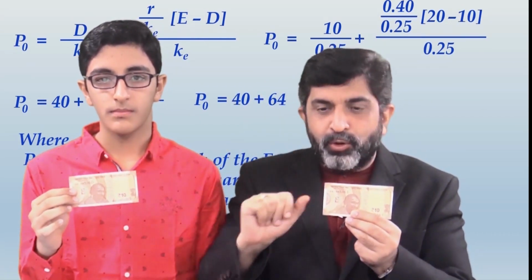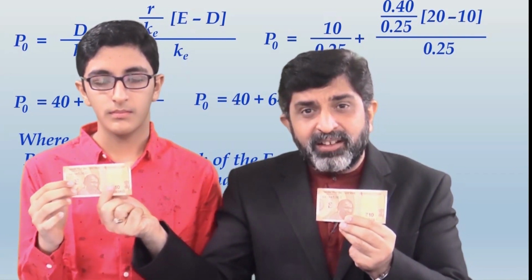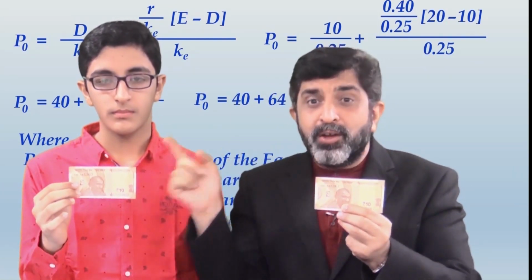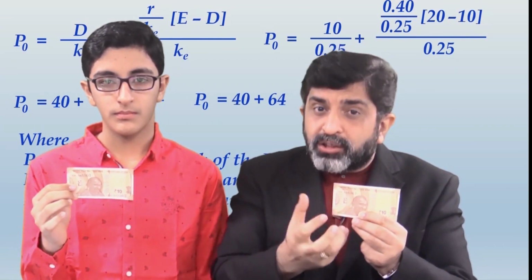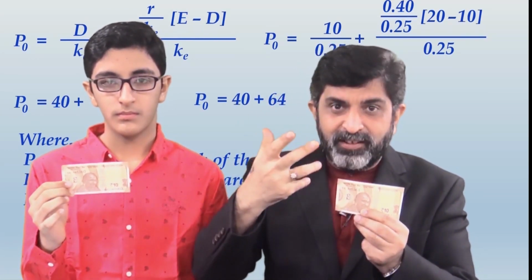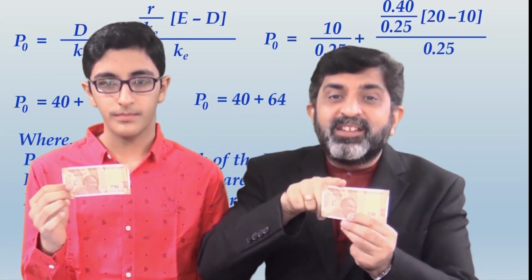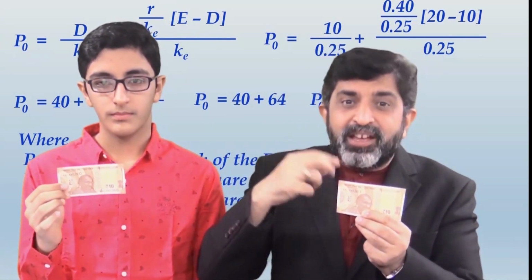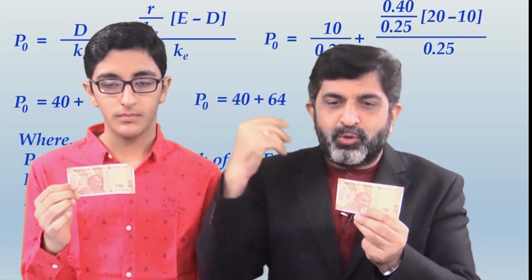Correct? So this 10 rupee which is in the shareholder's hand is worth 10 for him. But this 10 rupee which is in the hands of the company is worth more for this shareholder. It is equivalent to rupees 16. That 10 rupee in shareholder's hand is 10 rupees, and this 10 rupee in company's hand is equivalent to rupees 16 for the shareholder.